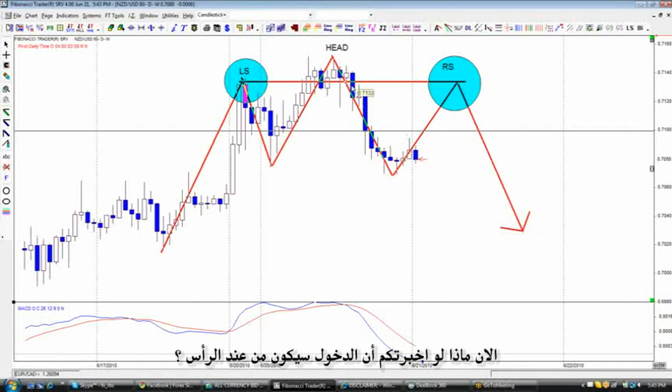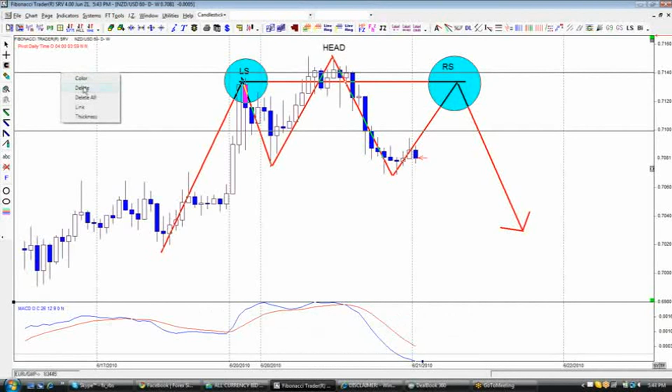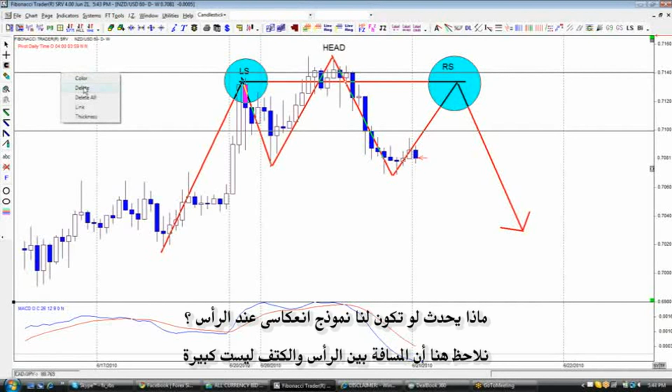Now, what if I tell you you guys can enter at the head? If we know this as area with strong resistance coming from a daily or weekly time frame, what happens if we can find a reversal pattern at the head?